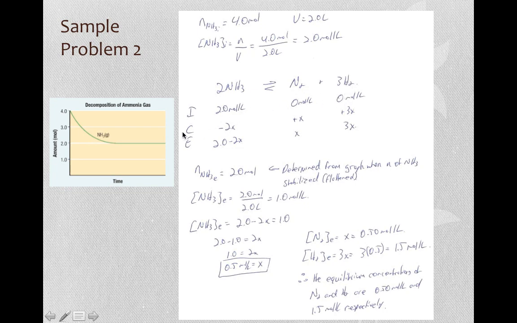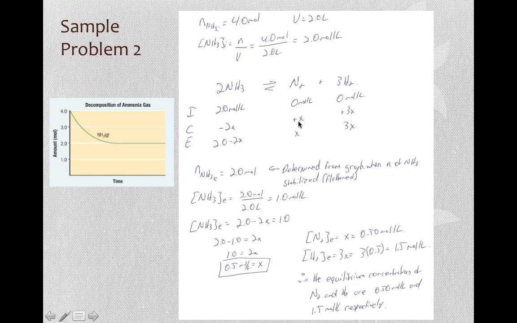The concentration of NH3 is going to change by minus 2x because the coefficient here is 2. The only direction this reaction can shift is to the products, so the concentration of our reactant must decrease.